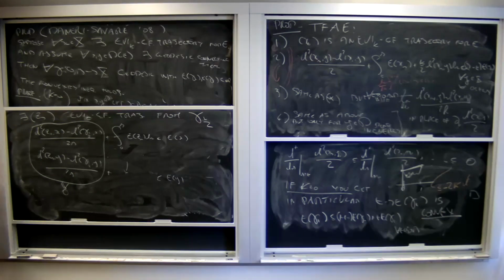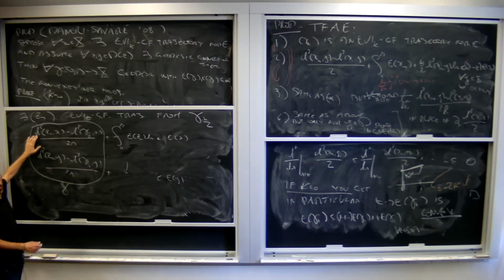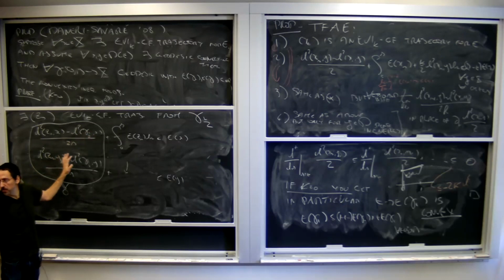The sum of these two is positive because the point gamma_{1/2} is a minimizer for distance squared from x plus distance squared from y. Here I have distance squared from an arbitrary point z_s to x, plus distance squared from z_s to y, minus distance squared at gamma_{1/2}. This is always positive.